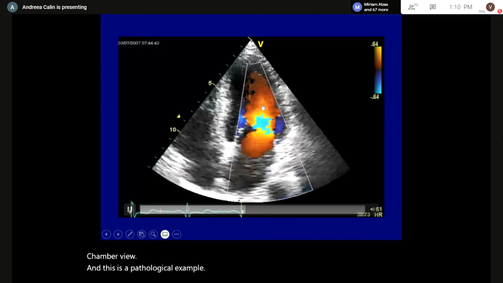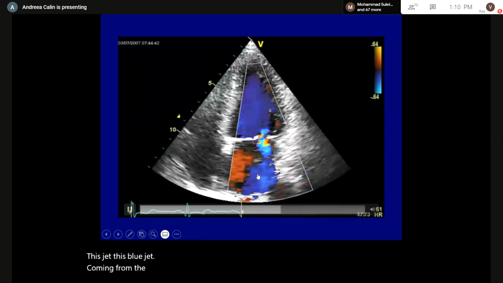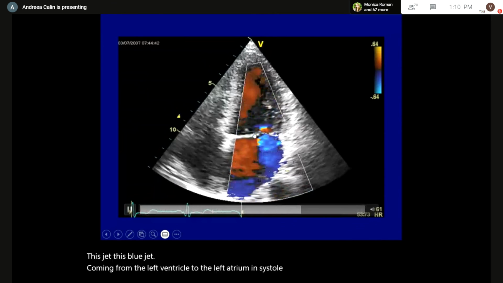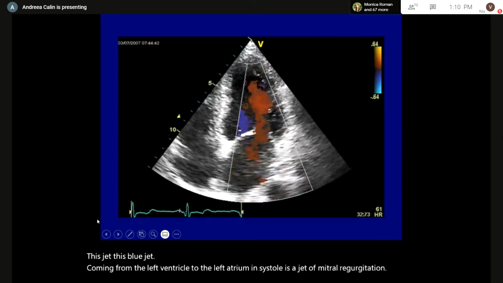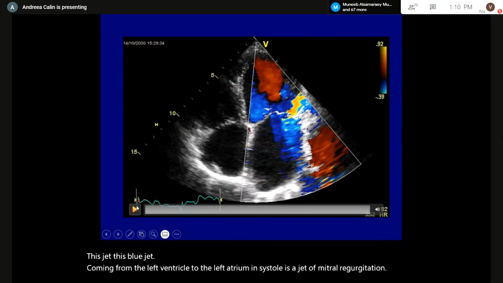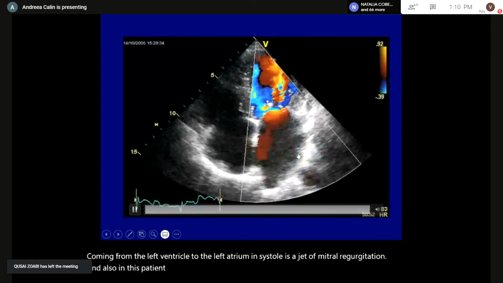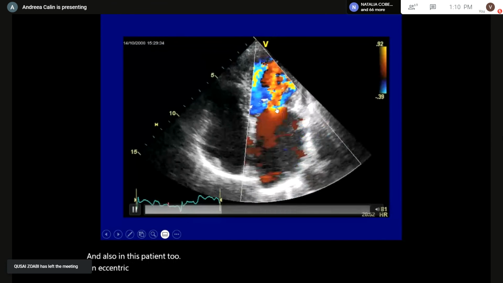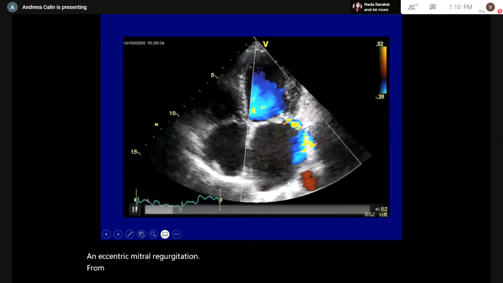This blue jet, coming from the left ventricle to the left atrium in systole, is a jet of mitral regurgitation. And also in this patient too, an eccentric mitral regurgitation from the left ventricle to the left atrium.